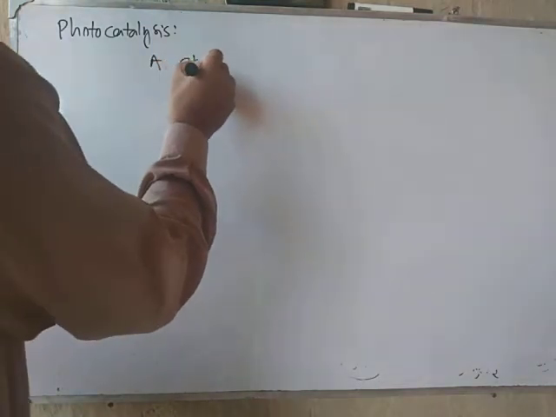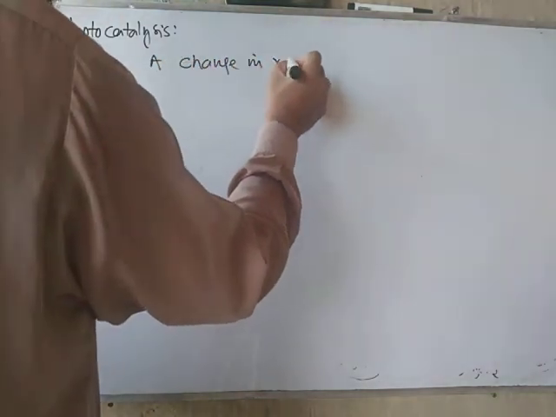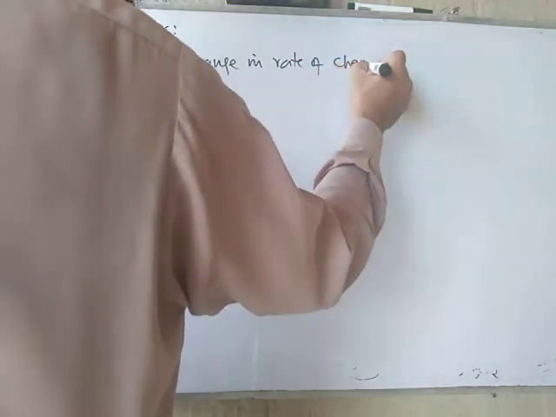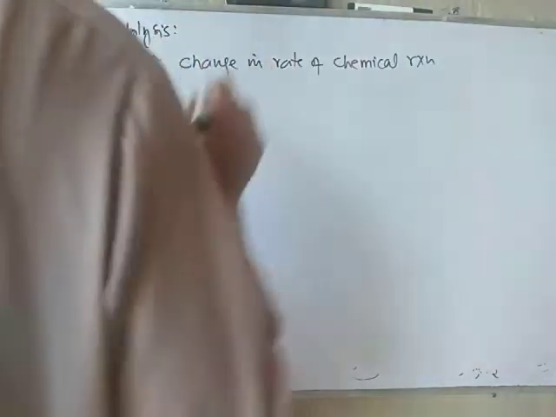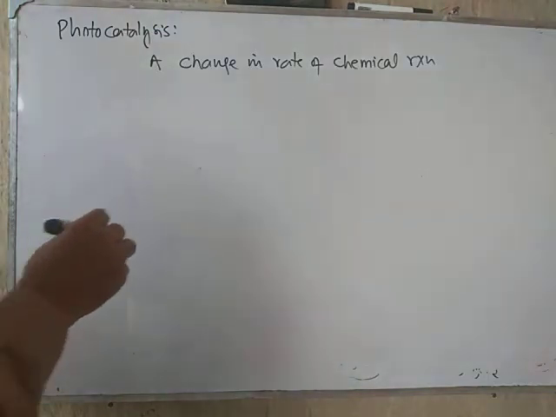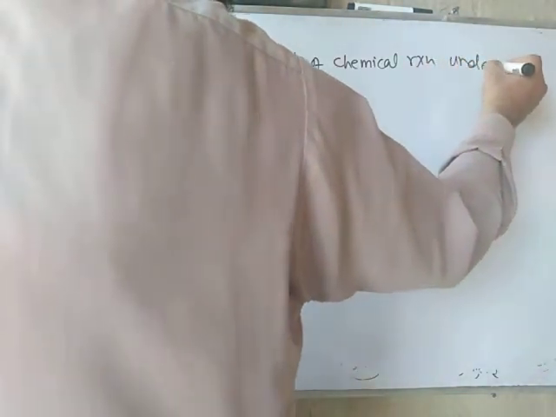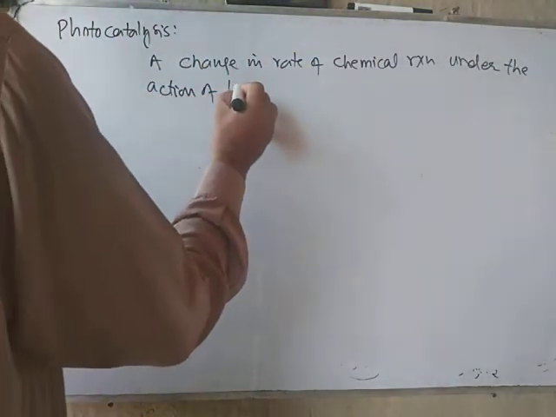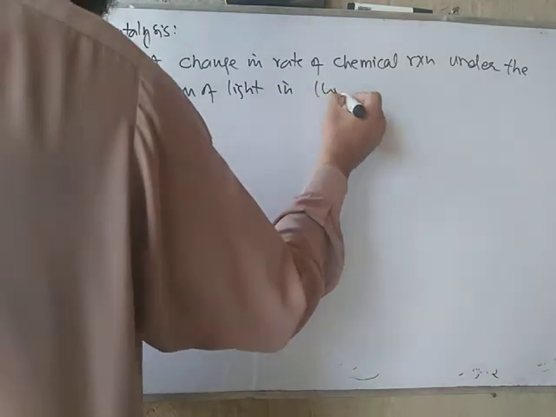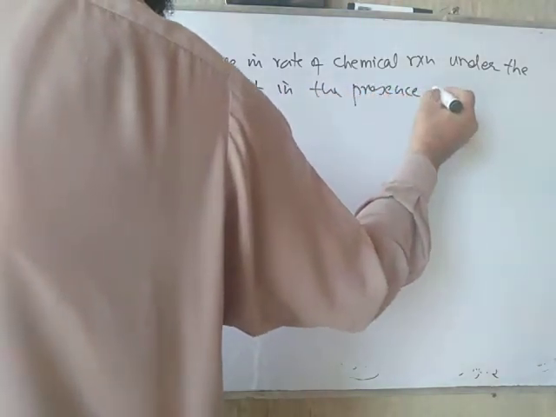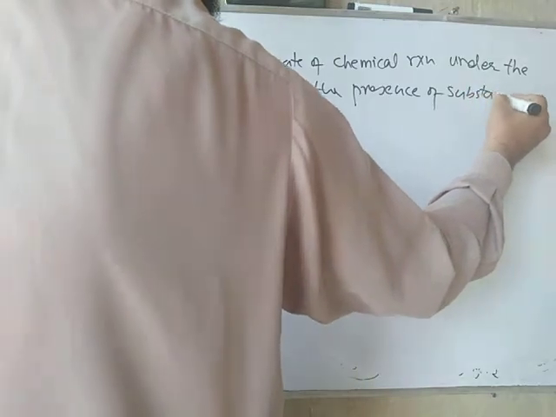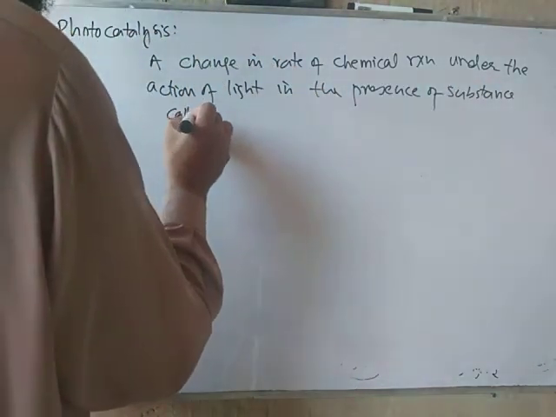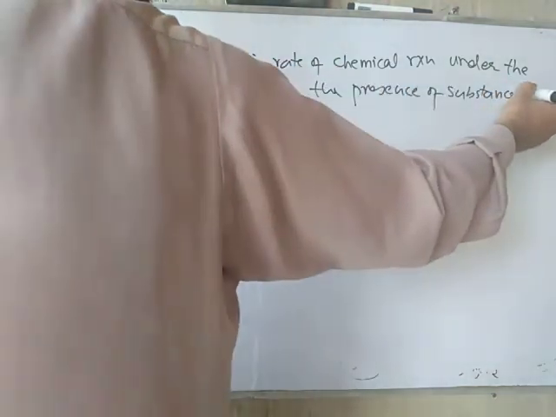So what is photocatalyst या photocatalysis? A change in the rate of chemical reactions under the action of light in the presence of a substance. That substance is called a photocatalyst. इस substance को क्या कहते हैं?